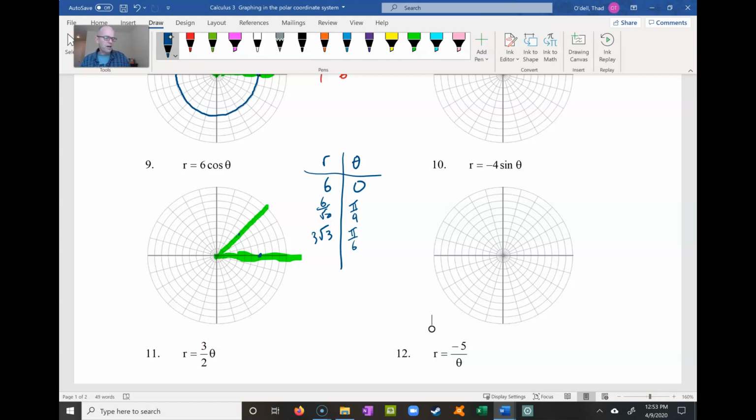And it's about 5.2-ish. So that means at pi over 6, which would be right about there, I was at 5.2-ish. So I'm going to go out 1, 2, 3, 4, 5.2-ish. Now, the thing you have going for you is that you know that these things are created by a curve.